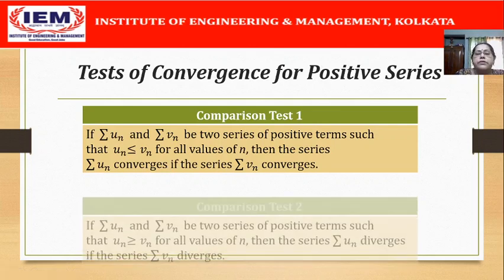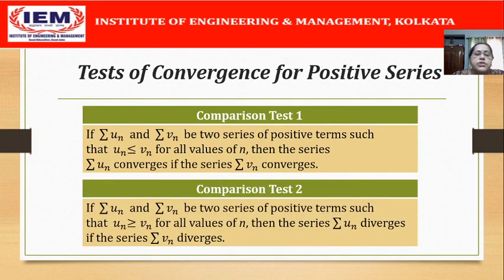We have a similar result for divergent series. So now suppose that sigma un and sigma vn be two series of positive terms such that un is greater or equal to vn for all values of n, then the series sigma un diverges if the series sigma vn diverges. So what is happening over here? Again, we are comparing the terms of the two series.